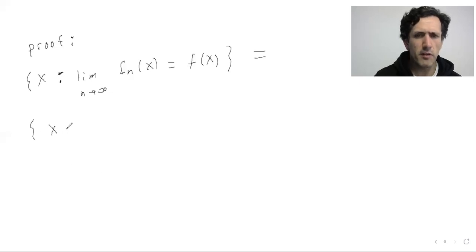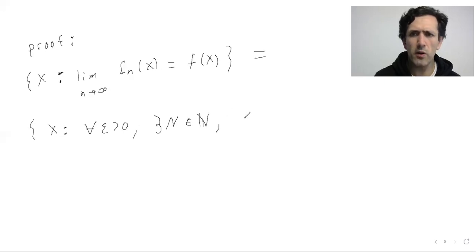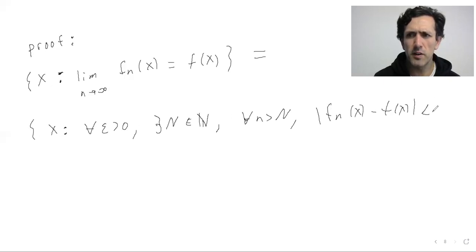So this is just the set of all x where for any epsilon bigger than 0, there exists a natural number N where for any n bigger than N, the absolute value of Fn of x minus F of x is less than epsilon.